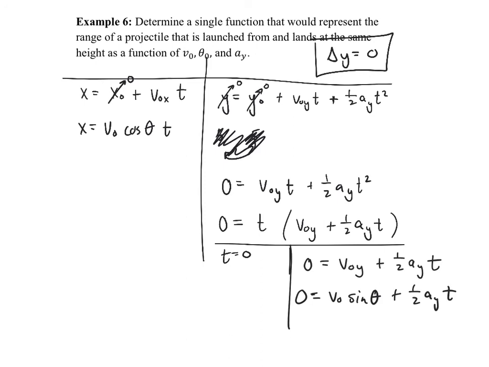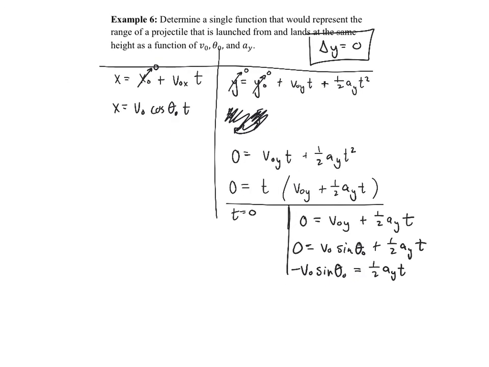Multiply by 2. Divide by ay. Again, move over the v0 sine theta. I should call it theta 0, to be consistent with what I've been using. And we've got 1/2 ay t. Then what we can do is multiply by 2 and divide by ay at the same time.